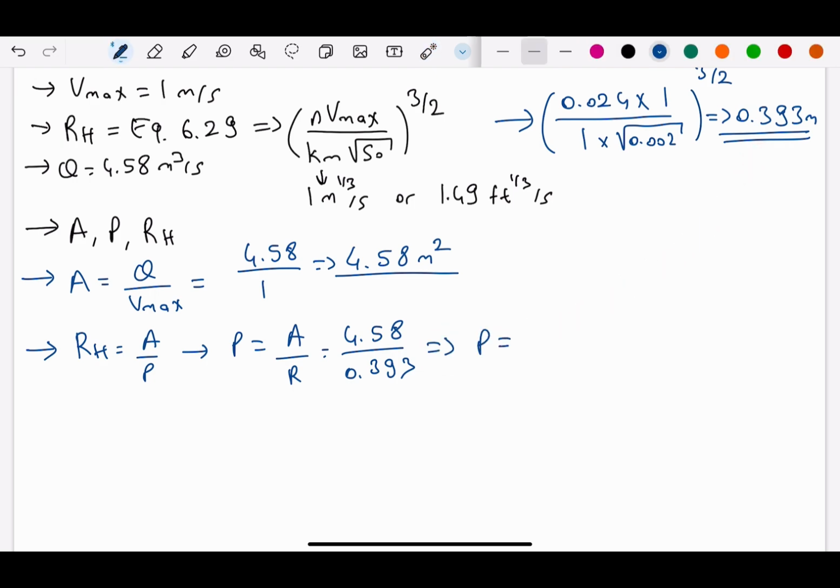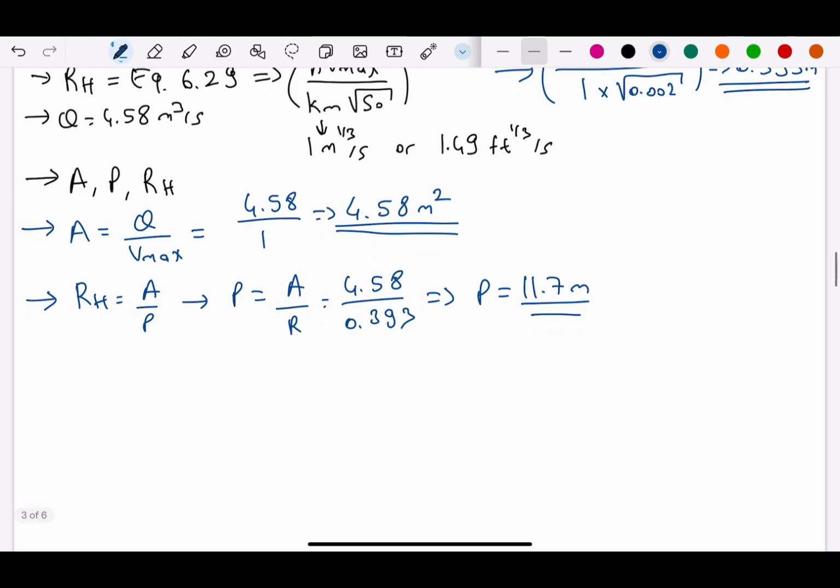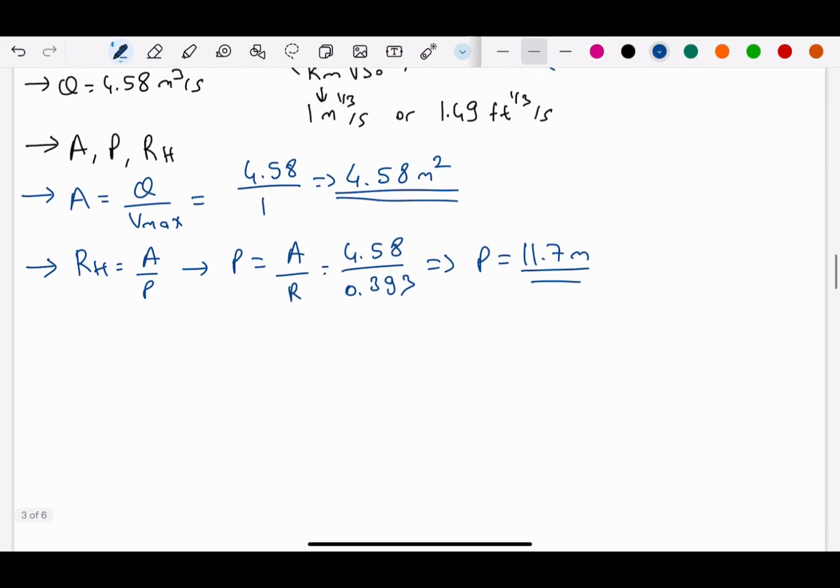And from this equation, the perimeter is 11.7 meters. So that we calculated all of these values, but what we actually need is the width of the channel and the depth of channel.